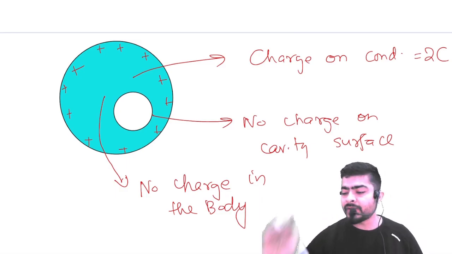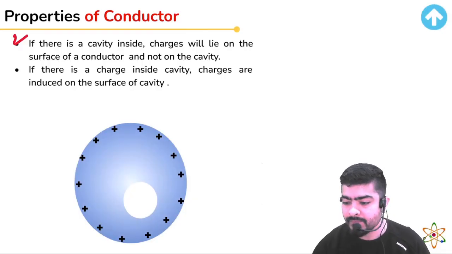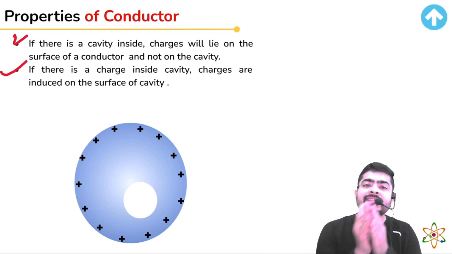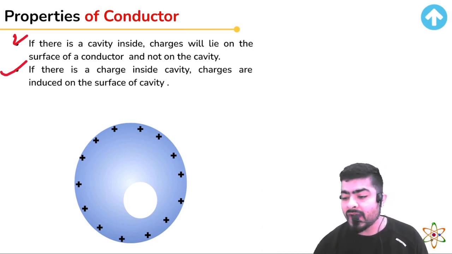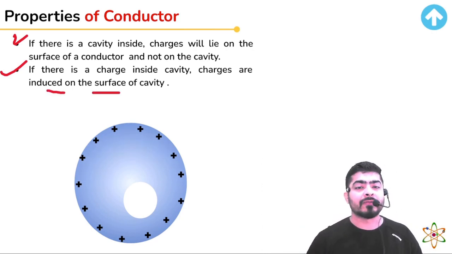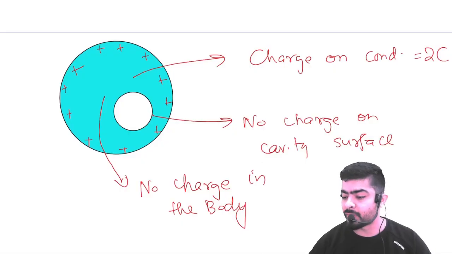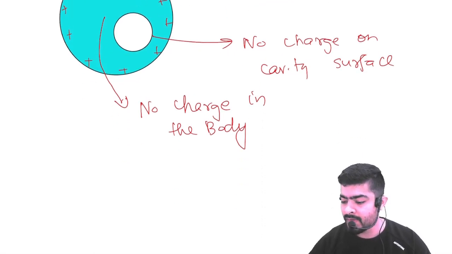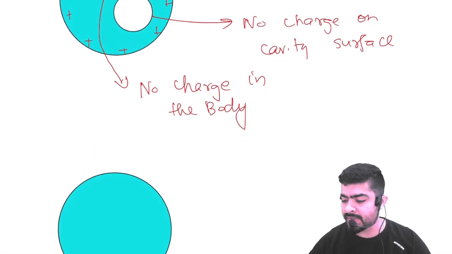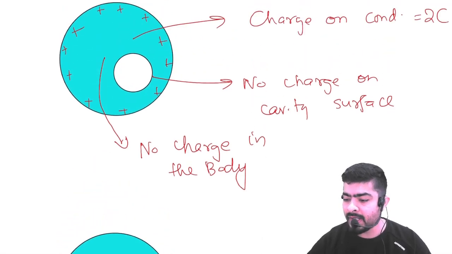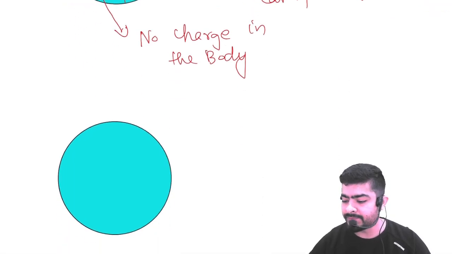Okay, let's look at the second point. If there's a charge inside the cavity, charges are induced on the cavity surface. Now this is a very important point where people get confused, so pay attention over here. This is my conductor, and let me bring the cavity.